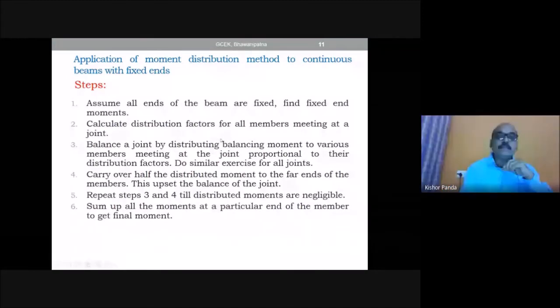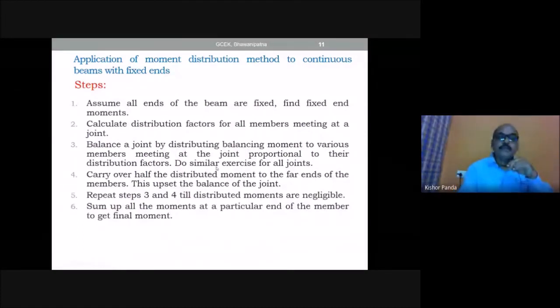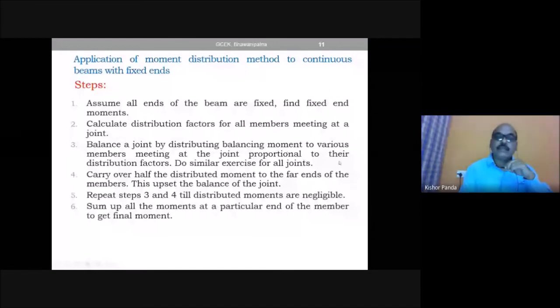Then balance a joint by distributing the balancing moment to the various members meeting at the joint, proportional to their distribution factors. Do a similar exercise for all joints. For all joints, you have to find the distribution factor for all the members. After getting the unbalanced moment, you distribute it to the members meeting at the joint by multiplying with the distribution factors.